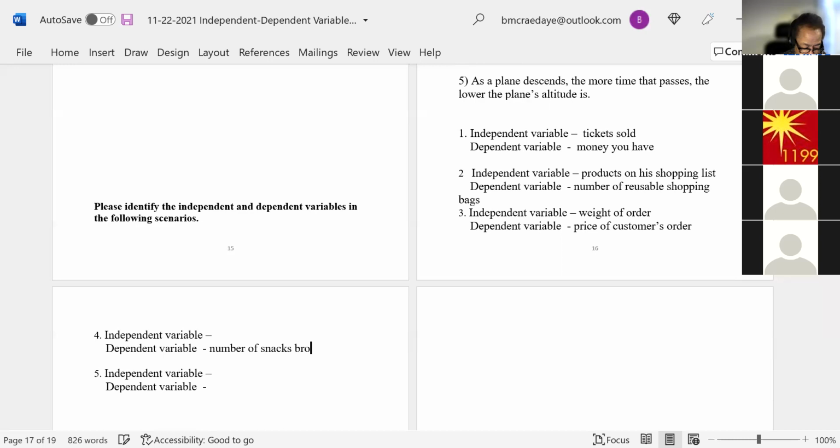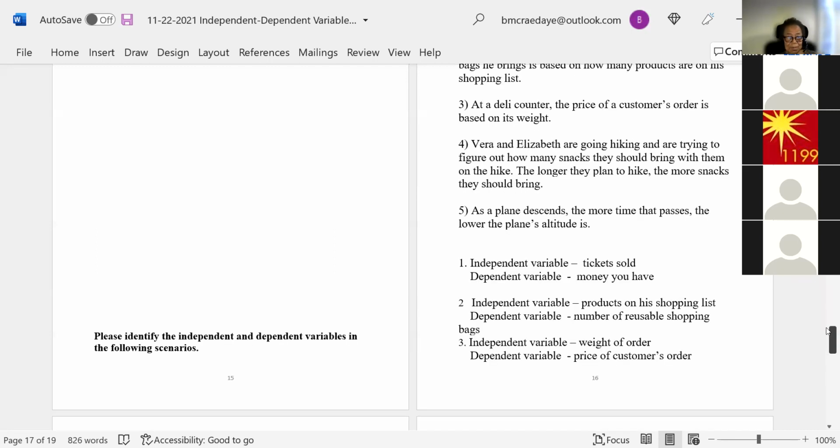And what is that dependent upon? So what is the number of snacks they bring dependent upon? Okay. But it says here, the longer they plan to hike, the more snacks they should bring. So what's the independent variable?